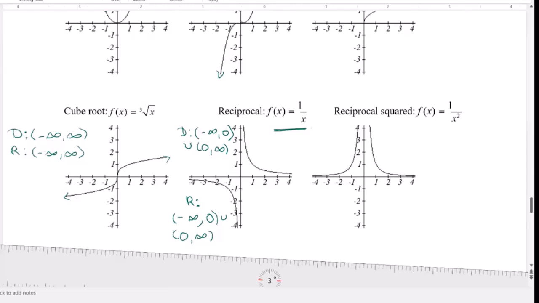So why does it do that? Well, let's say y can equal 0. I would have 0 equals 1 over x. I could solve this. I could multiply both sides by x, which would be 0 times x equals 1 over x times x.